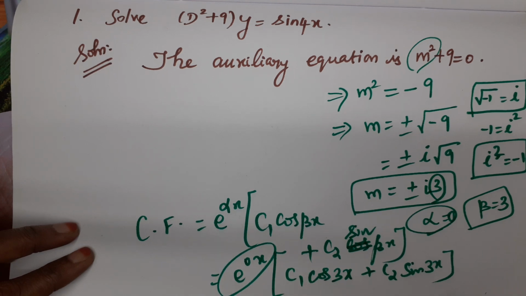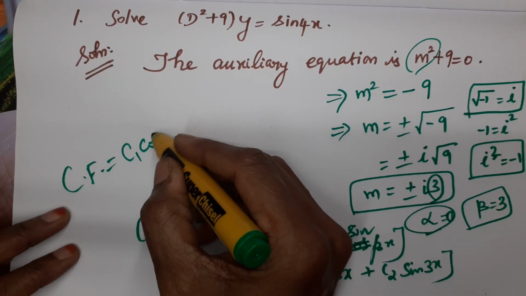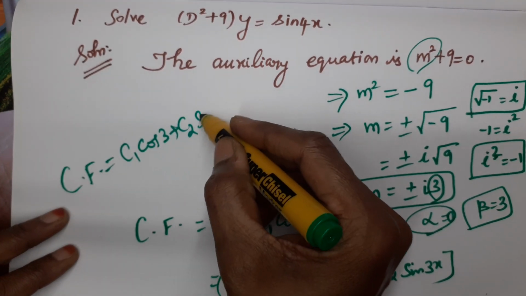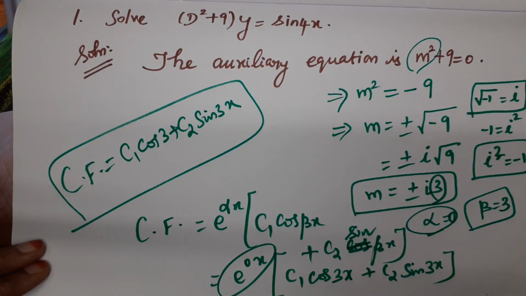Anything power 0 is 1. So finally CF is equal to c1 cos 3x plus c2 sin 3x. This is our complementary function.